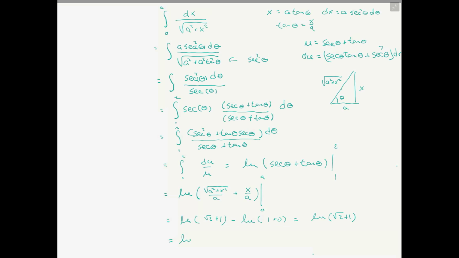And that's our answer. The natural log of the square root of 2 plus 1.